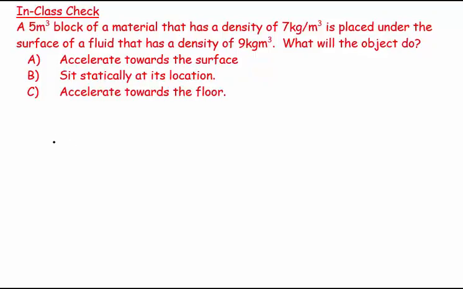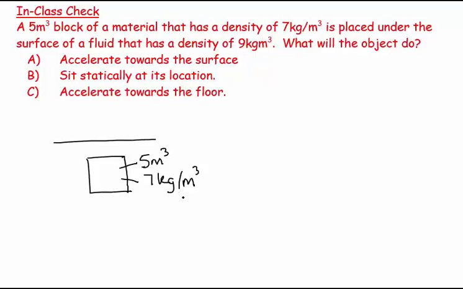So here's my visualization. Here's the surface, and here's my block. I know that this is 5 meters cubed, and I know that this is 7 kilograms per meter cubed. I know my units well enough, so I don't need to label this as a density. I know it's a density by simply looking at the units.